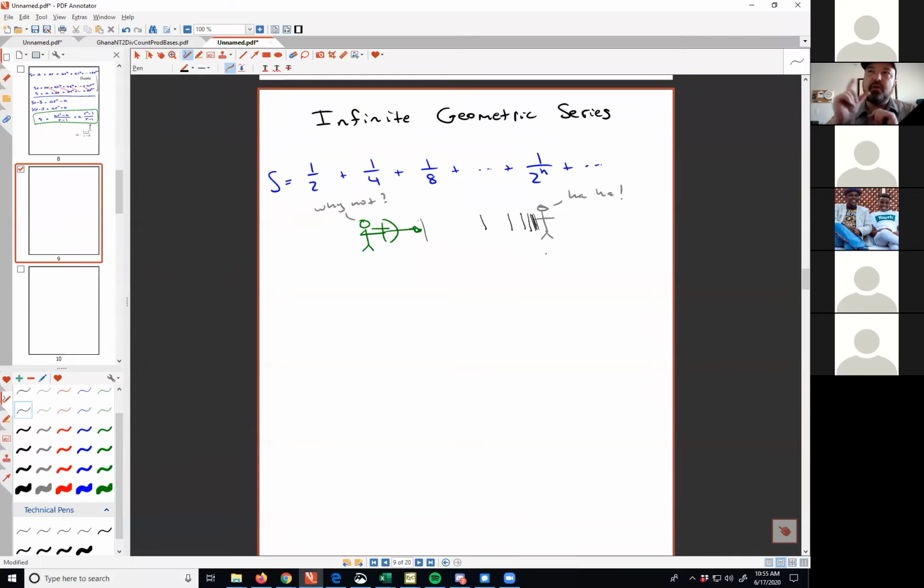But here's the thing. Not only are the distances being cut in half, the time intervals are also being cut in half. And so they happen quicker and quicker and quicker. And it's important to remember something does happen.